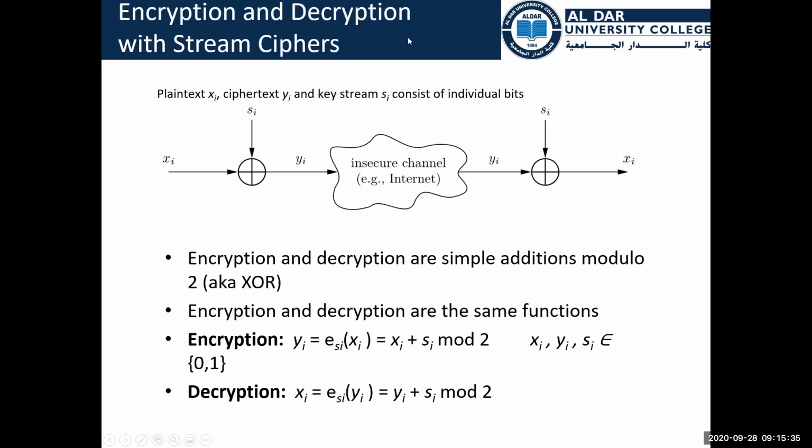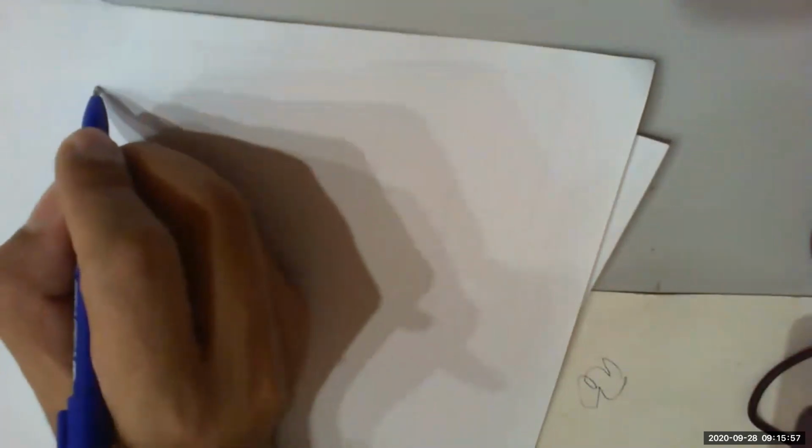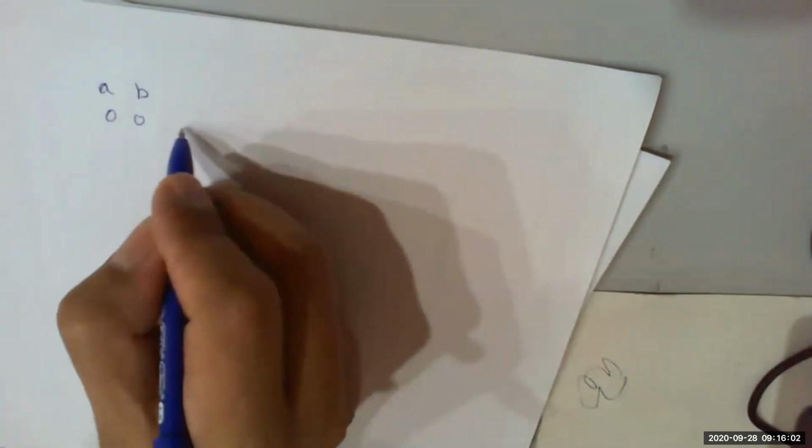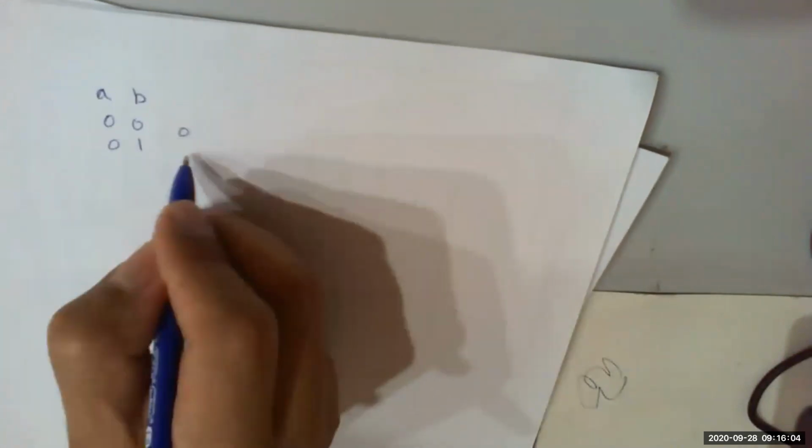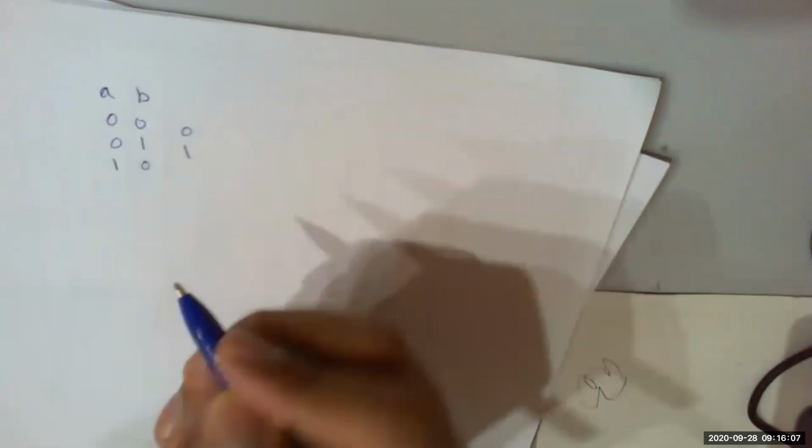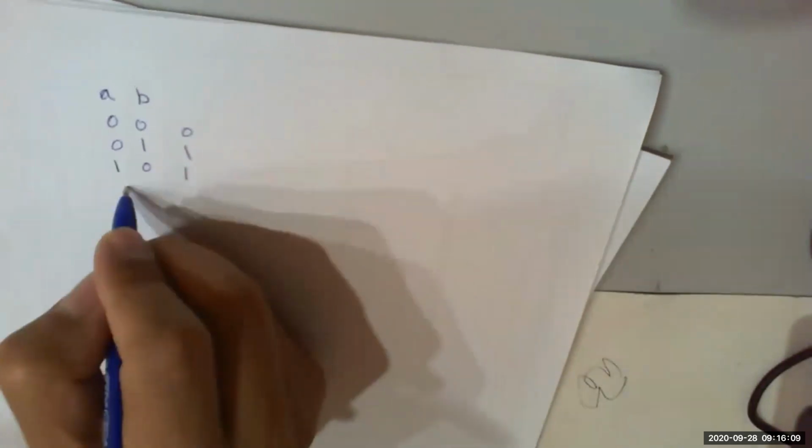Okay, let me open up my screen and try to explain this for you. What is exactly XOR? For example, I have XOR functionalities with inputs A and B: 0, 0 gives 0. 1, 0 equals 1. 0, 1 equals 1, and 1, 1 equals 0.